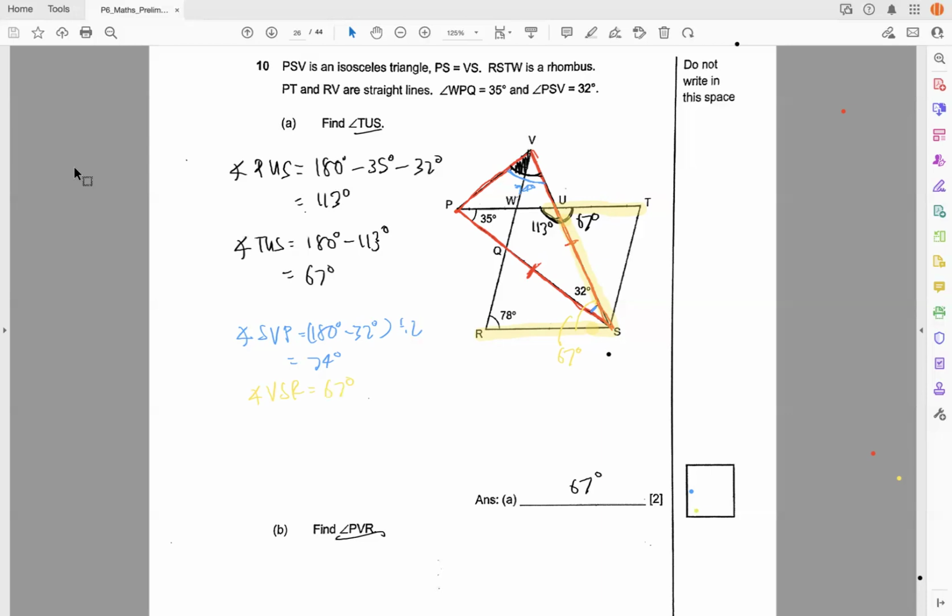Now let's focus on this triangle. Angles in a triangle add up to 180 degrees. So we can find this angle, RVS.